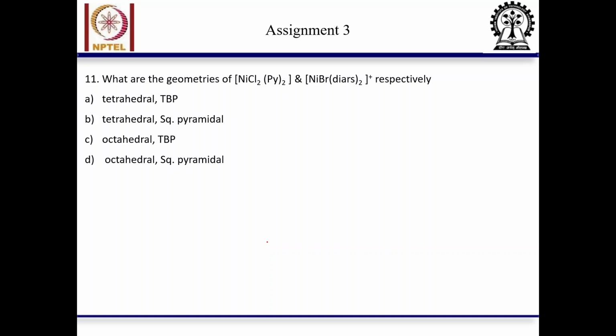Can anyone tell what is the answer for this question? Anyone?